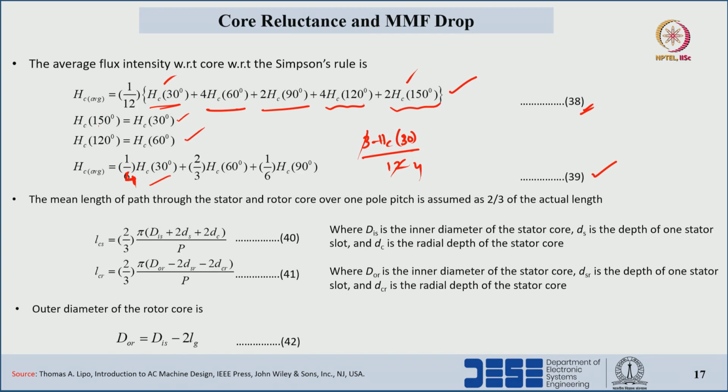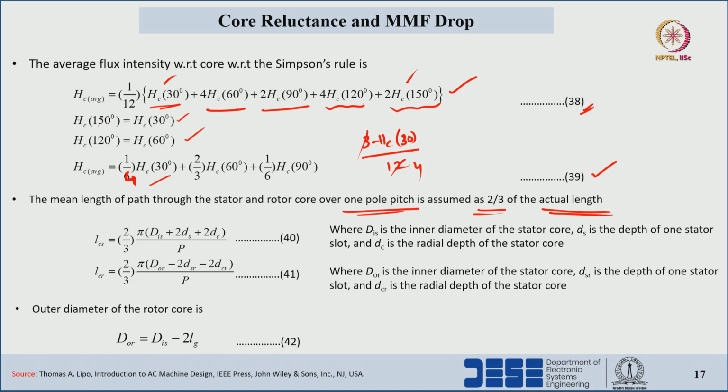Now, in order to calculate the MMF drop at the core, we have to find the mean length of a core. Let us consider the mean length of a core over one pole pitch to be 2/3 of the actual length. The actual length of a core with respect to one pole pitch will be pi ds by p, plus 2 ds plus 2 dc by p.